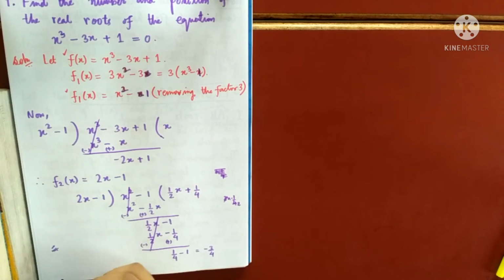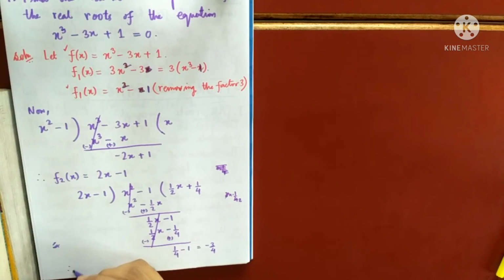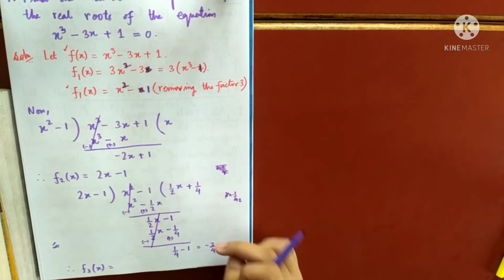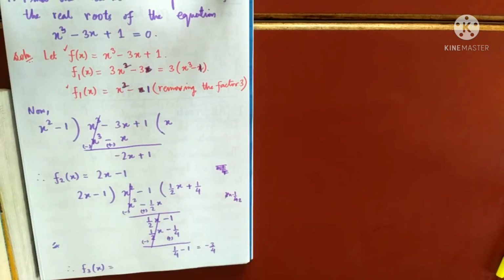So therefore, your auxiliary function f3x is nothing but, you can multiply by any number. We are not interested in taking the fractional part, so I will multiply by 4. Again and again I am telling you, you can multiply by only positive numbers. So 4 and 4 are getting cancelled, minus 3.